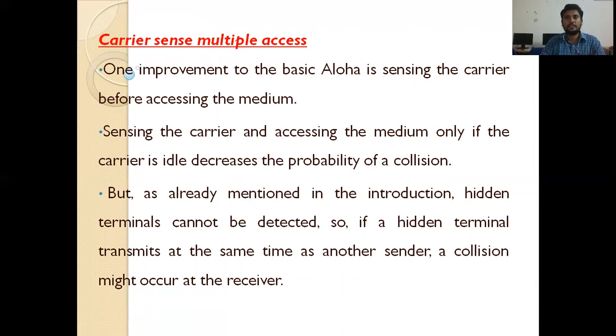One refinement taken for the classical Aloha is slotted Aloha. Data has to be sent at the starting of the time slot only. In the classical Aloha, there are no time slots, so a data packet is sent at any time. But in the slotted Aloha, the packet has to be sent at the starting of the time slot only.